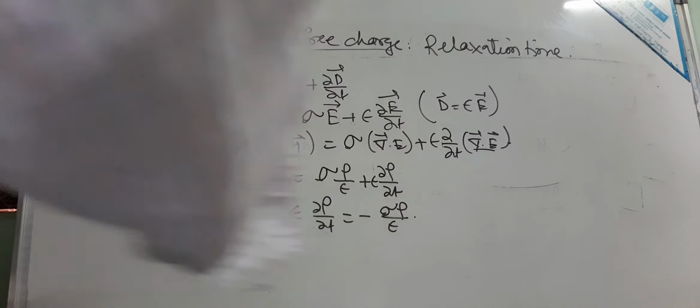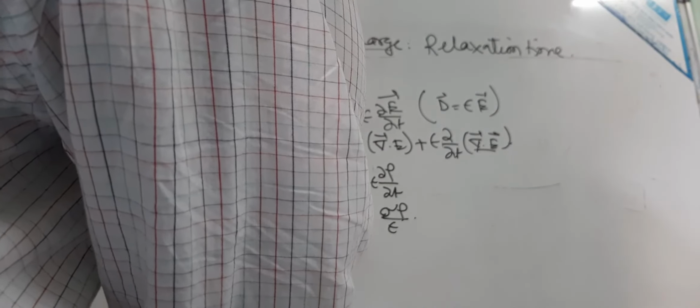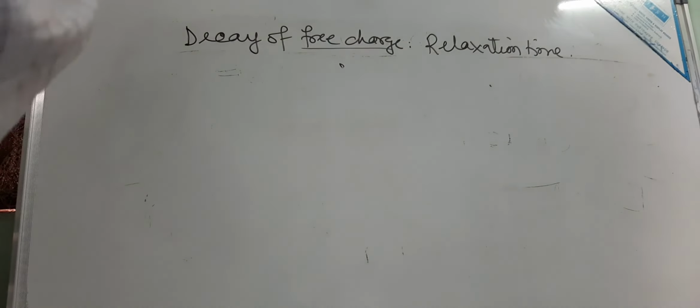If you take rho to one side and integrate this expression, we get rho equal to rho naught e to the power minus t sigma by epsilon.